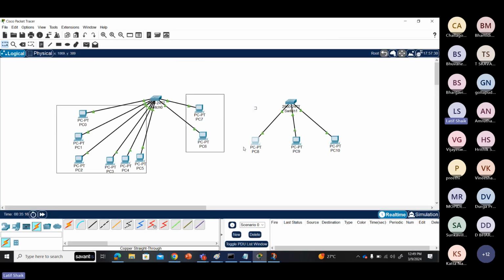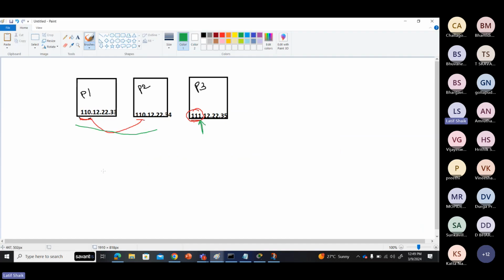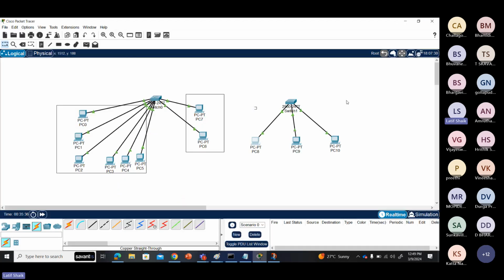The subnet mask divides your IP address into network portion and host portion, and it also gives your network ID. To communicate in the network, their network IDs must be the same.